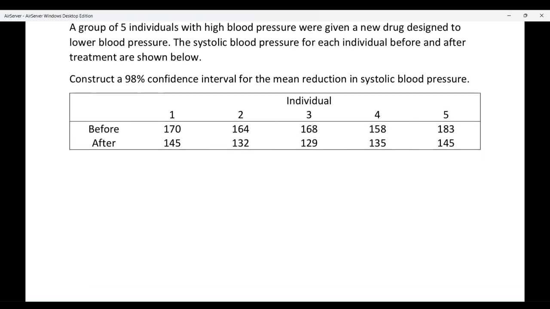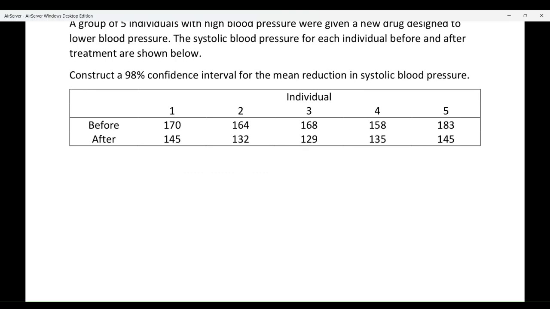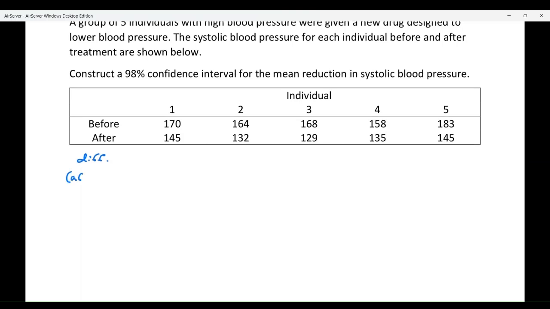Okay, let's go ahead and take a look at this. Basically what we need to do first of all is find the differences. We have the before, we have the after, but we need to find the difference in each of those. I'm always going to take, in this case, before minus after. Actually, it would make more sense to do after minus before, because we're hoping to see a lower number here, or we want to see the difference from before to after.